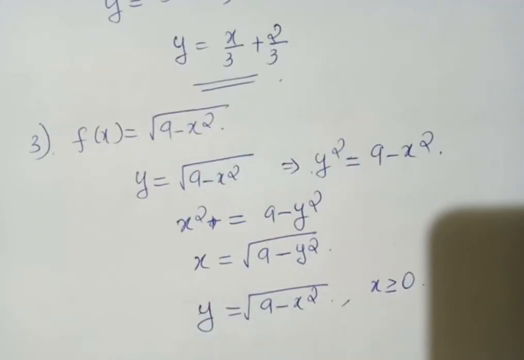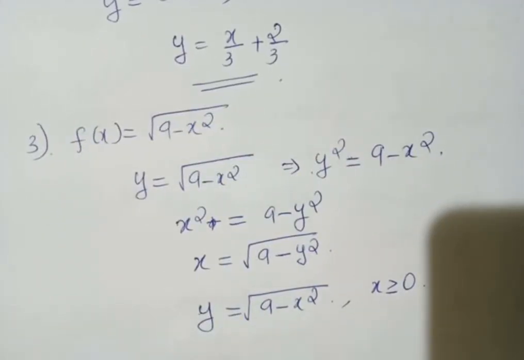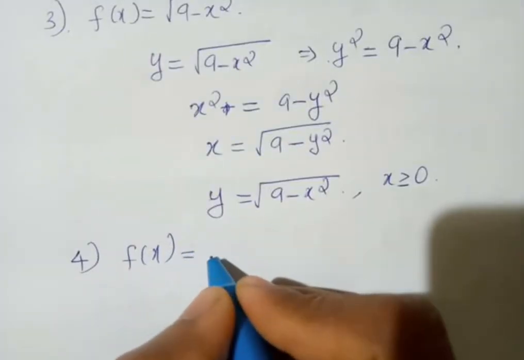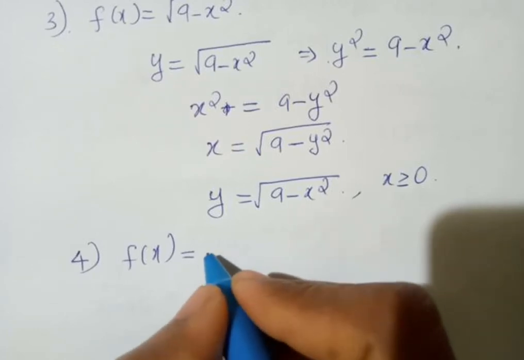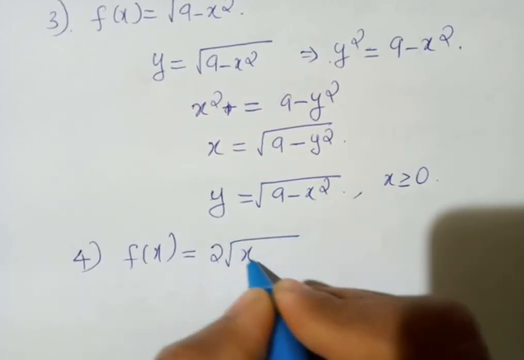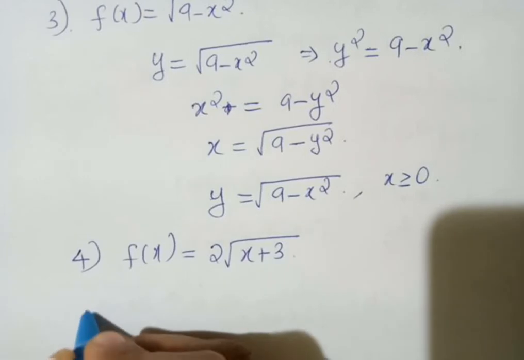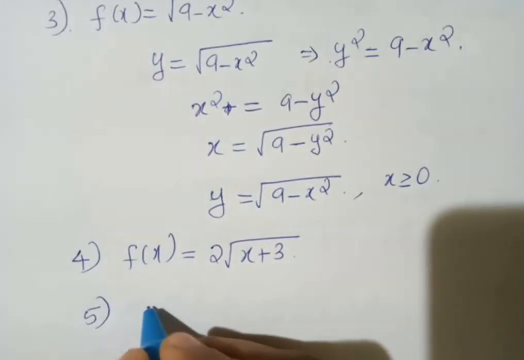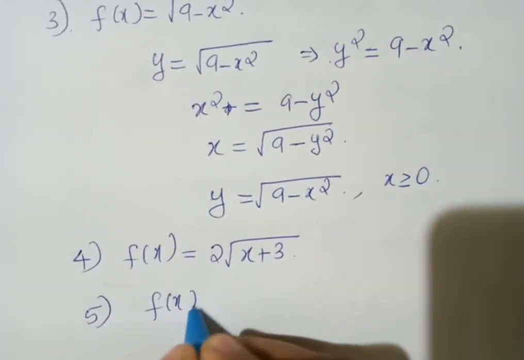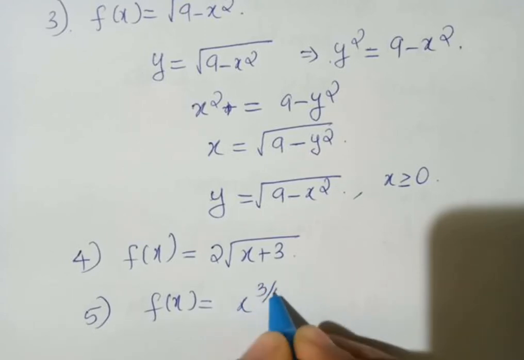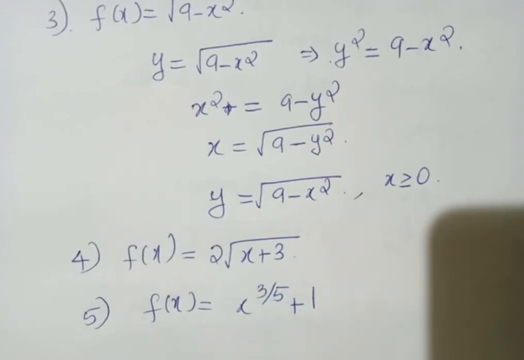And the fourth one is f of x equal to 2 into square root of x plus 3. The fifth one is f of x equal to x raised to 3 by 5 plus 1. The sixth one is f of x equal to x cube plus 1.